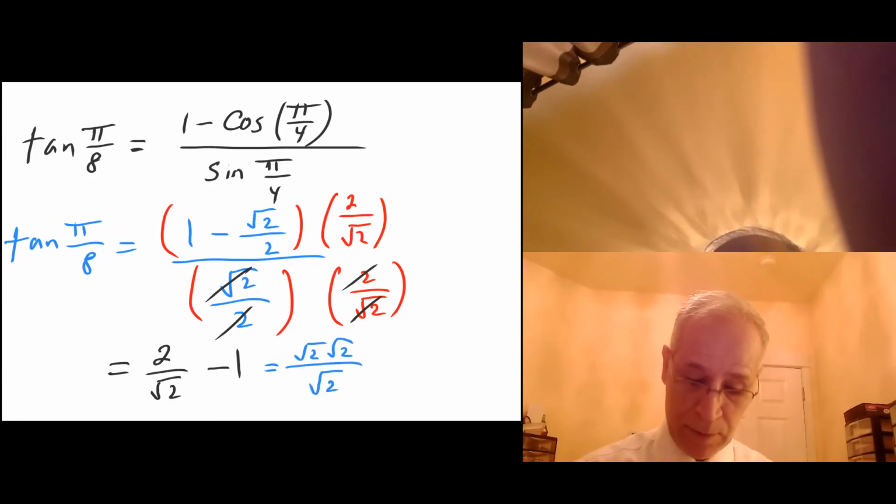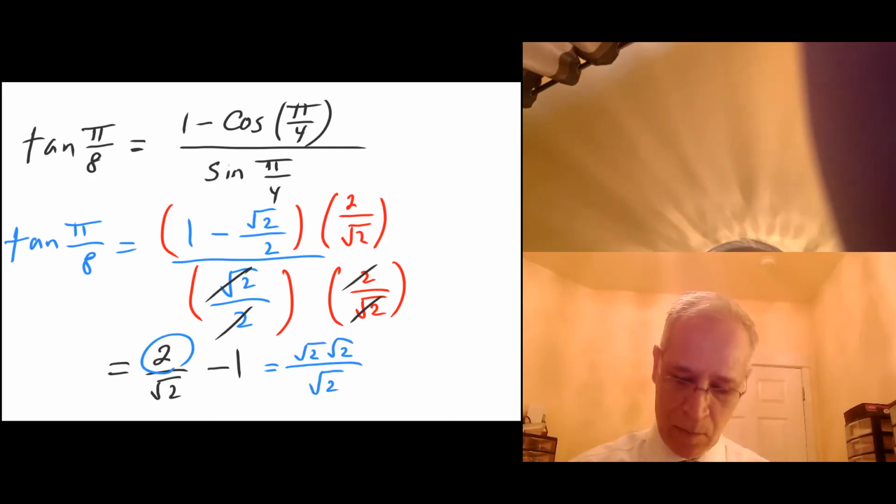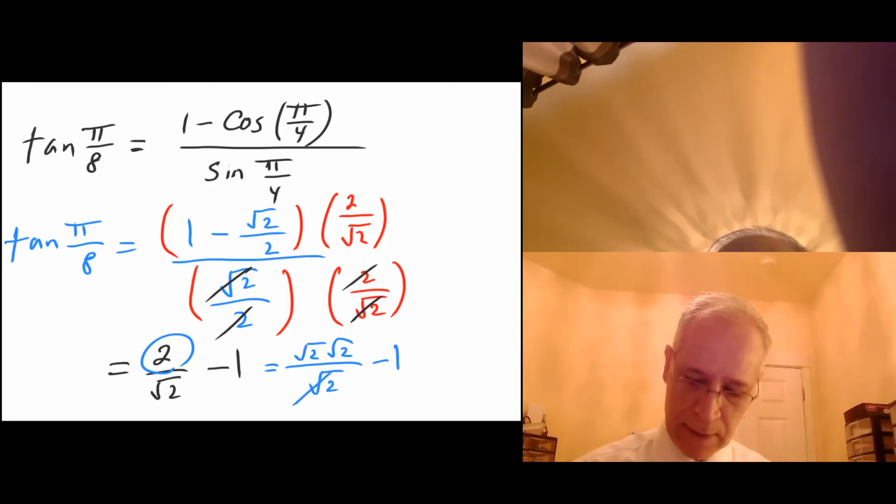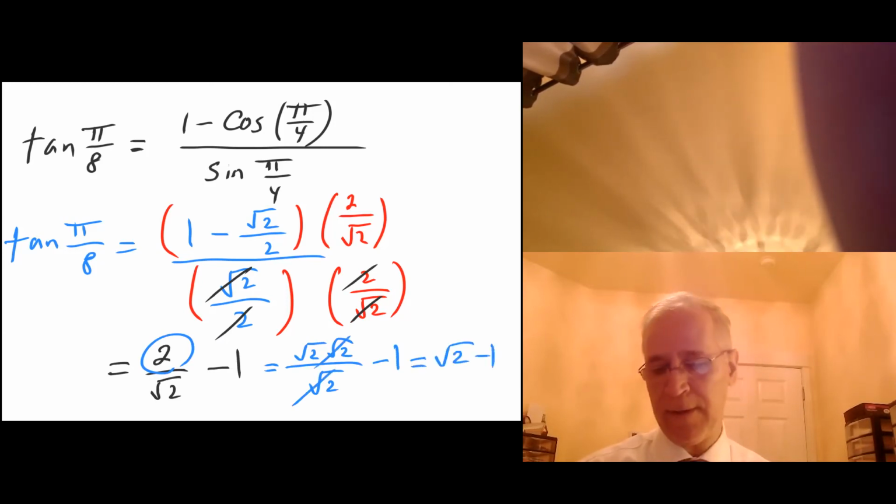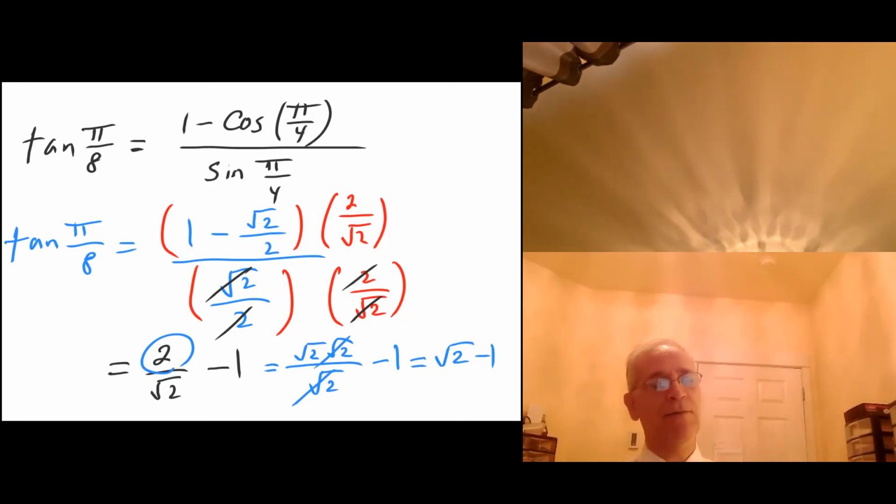Root 2 times root 2 is 2, then minus 1. So cancel this with this. Now this equals root 2 minus 1. And that is my final answer for the exact value of tangent of pi over 8. I hope you find this video helpful, and thank you.